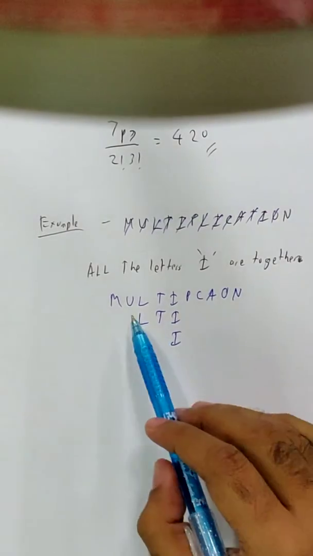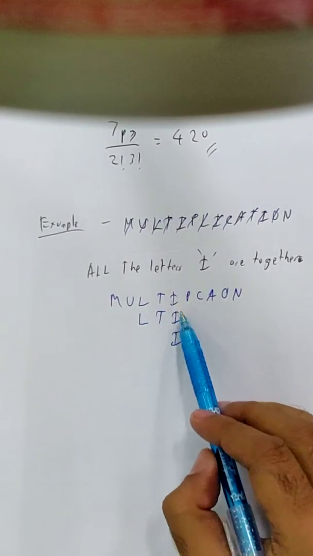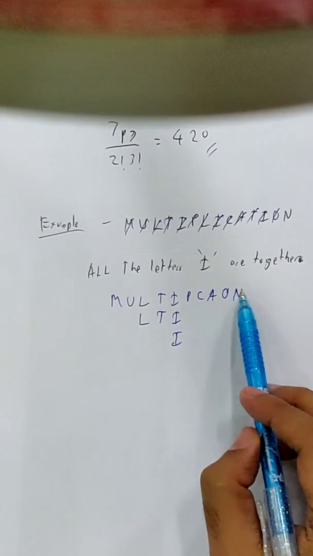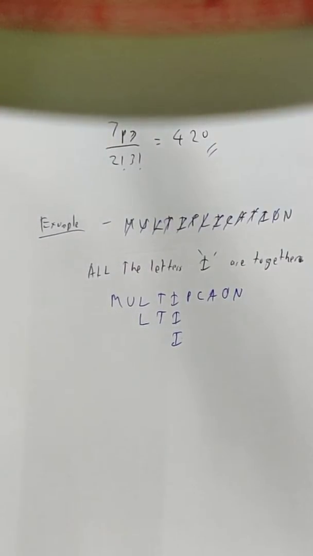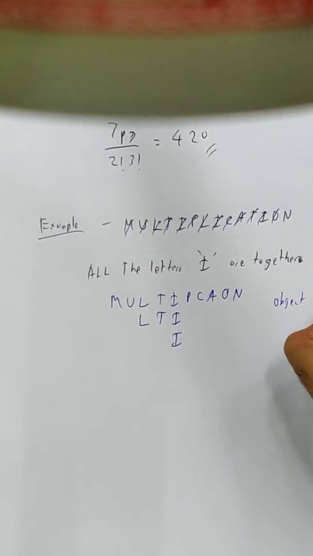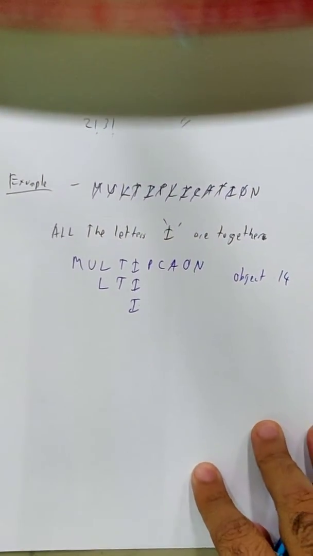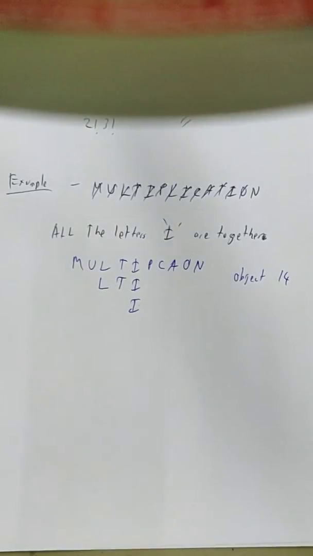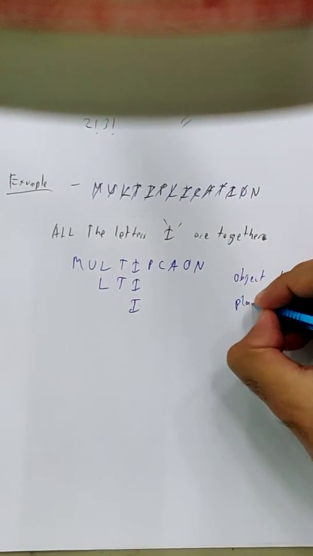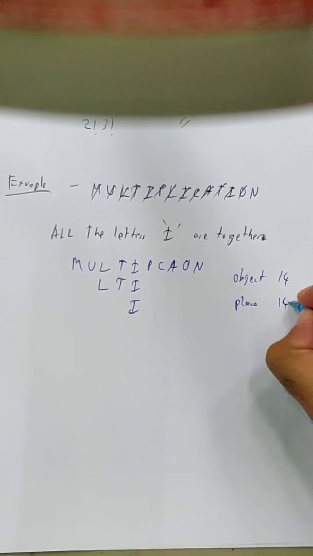How many is it? Okay, 14. So your objects are 14. How many places do we have? Still 14. Okay, look very carefully.